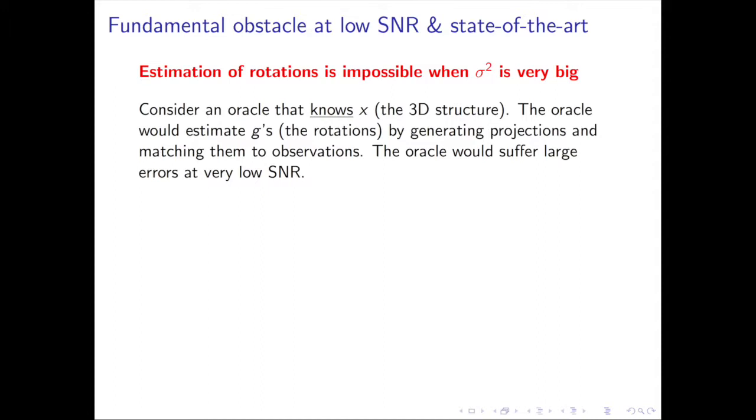However, for high enough noise, this is actually fundamentally impossible. So accurately estimating rotations is impossible, even if you know the ground truth molecule, if sigma squared is too large.